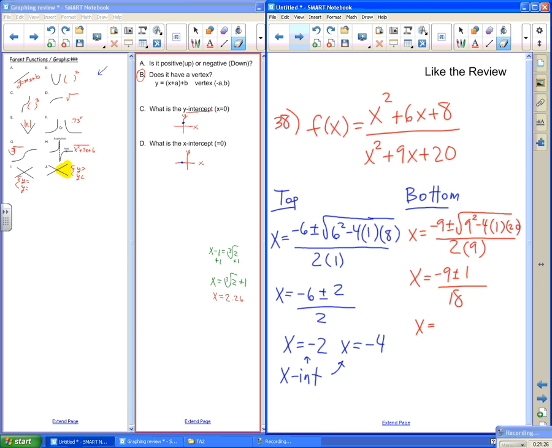I made a mistake. That should be a 1, right? So I get negative 8 divided by 2, so negative 4 is one solution, and negative 5. These are our bad numbers. So we're going to take them another step, and instead of saying they're bad, they're going to have different things. This is going to be a hole, because it's just really bad. And this right here, oh, I did that wrong.